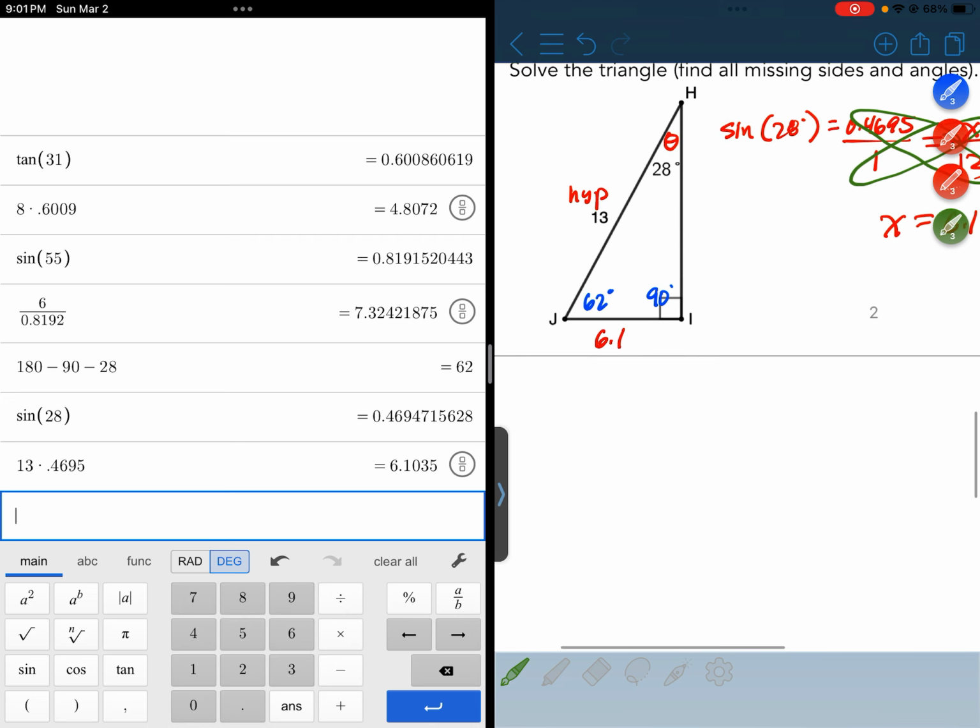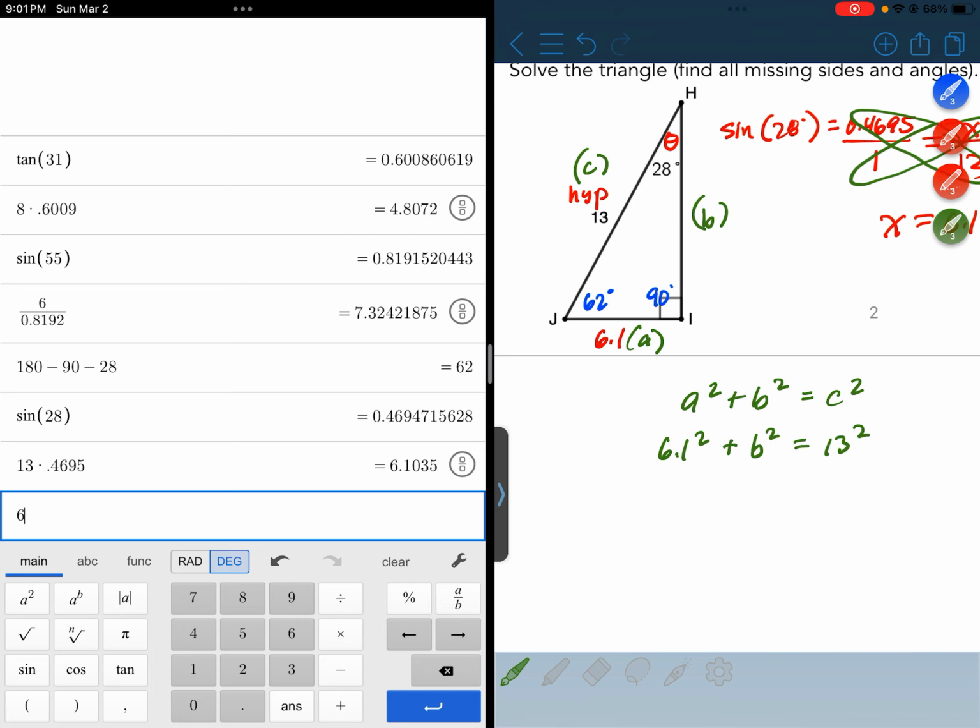I'm going to switch colors here because now I'm going to be doing a different strategy, which is using the Pythagorean formula. A squared plus b squared equals c squared. I'm going to call that side A, that side B, and the hypotenuse we're going to call C. So 6.1 squared plus b squared equals 13 squared.